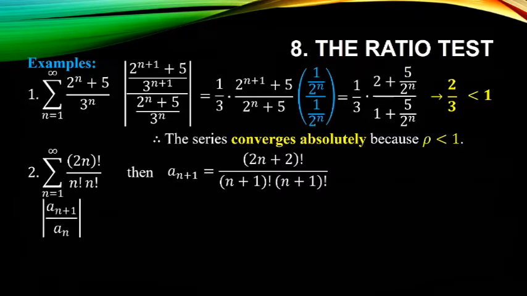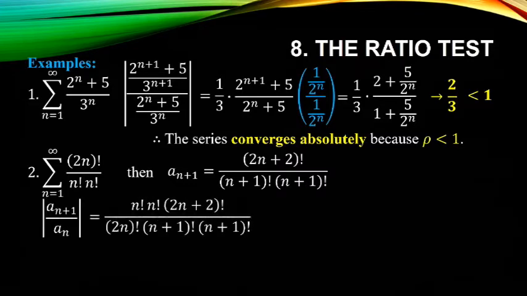The absolute ratio would be the denominator of a sub n multiplied to the numerator, and the numerator multiplied to the denominator of this one. So n! times n! times (2n plus 2)! over (2n)! times (n plus 1)! times (n plus 1)!.